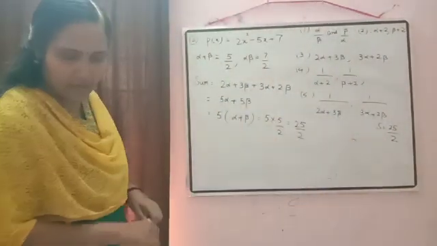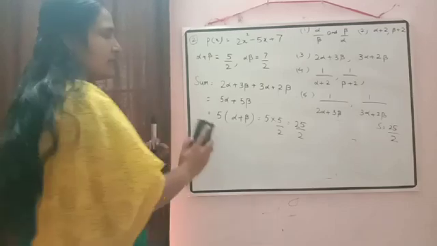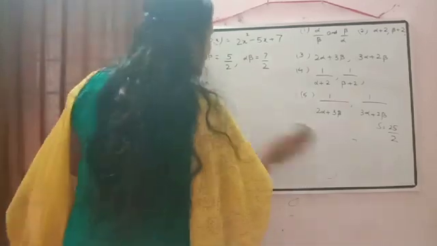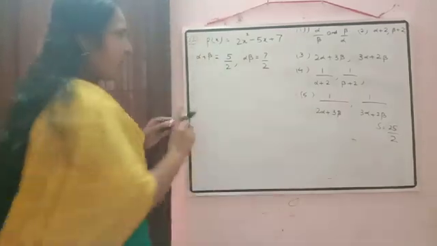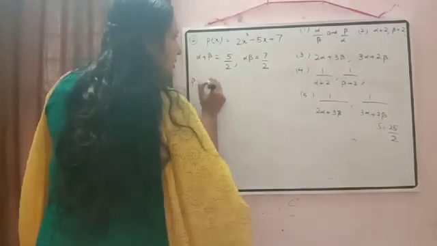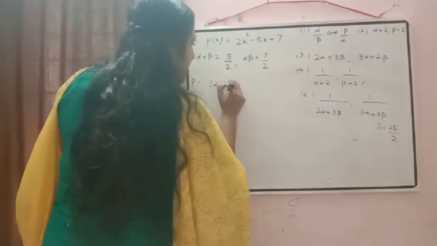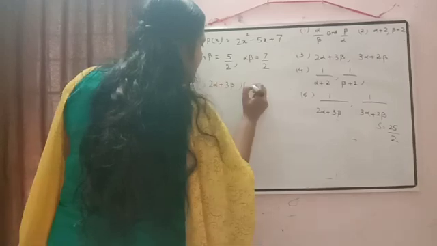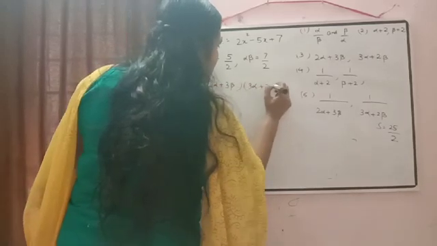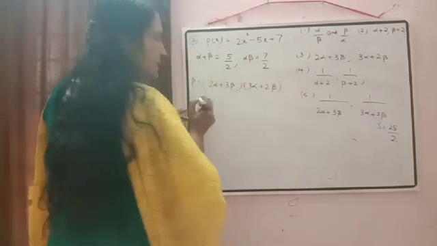Now we have to check what will be the product there. Now write down there, product is equal to product of the zeros. So product is equal to 2 alpha plus 3 beta into 3 alpha plus 2 beta. First do the multiplication.